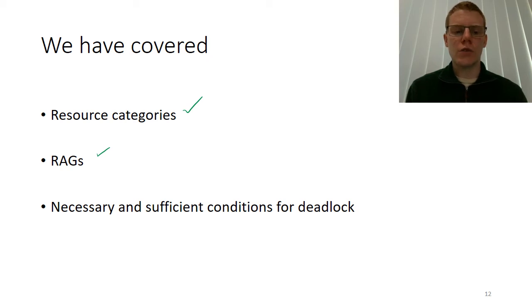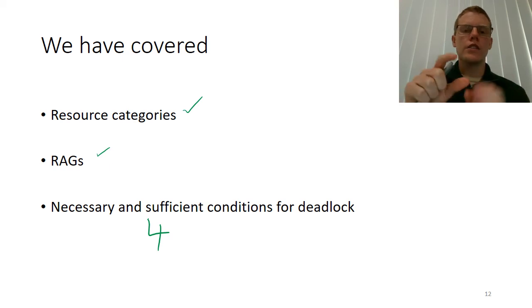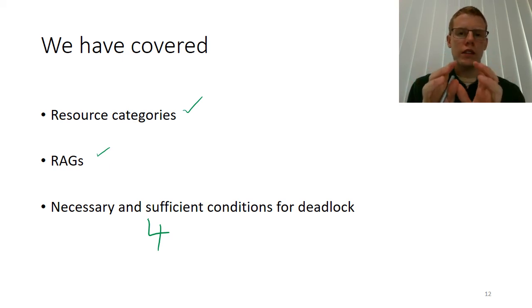And then we finally arrived at the 4 necessary and sufficient conditions for deadlock to occur. And later in the course, in this week, when you're in your lectures learning about how we try to prevent or resolve deadlock, it all balances around eliminating or alleviating one of those 4 conditions.